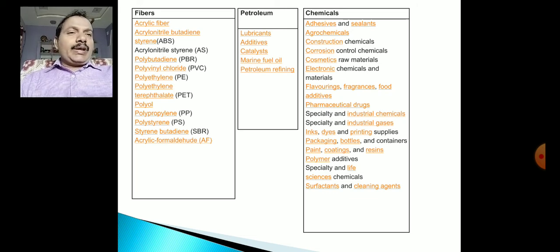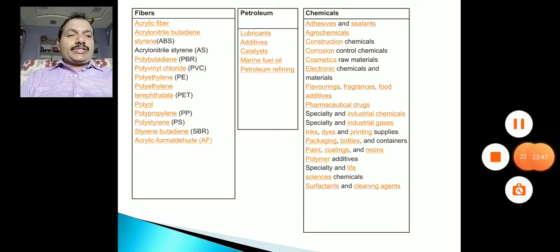Next, the chemicals are adhesives, sealants, agrochemicals, construction chemicals, corrosion control chemicals, cosmetic raw materials, electronic chemicals and materials, flavorings, fragrances, food additives, pharmaceutical drugs, specialty and industrial chemicals, specialty and industrial gases, inks, dyes, printing supplies, packaging, bottles and containers, paint, coating, resins, polymer additives, specialty and life sciences chemicals, and surfactants and cleaning agents. So these are the chemicals.